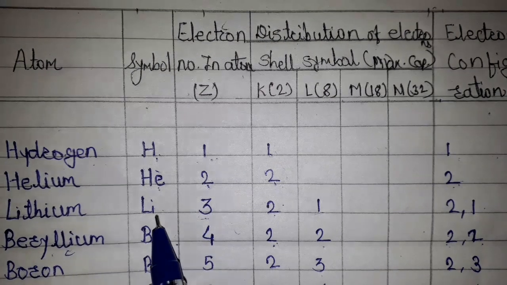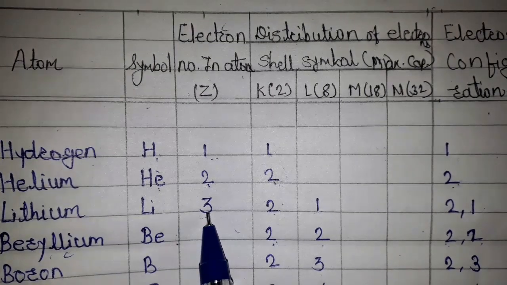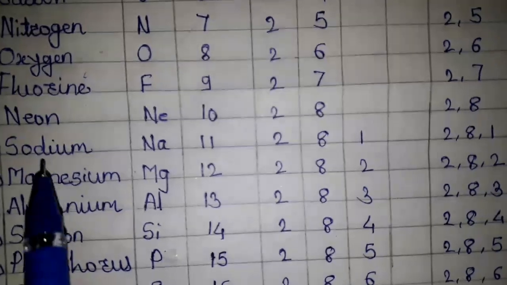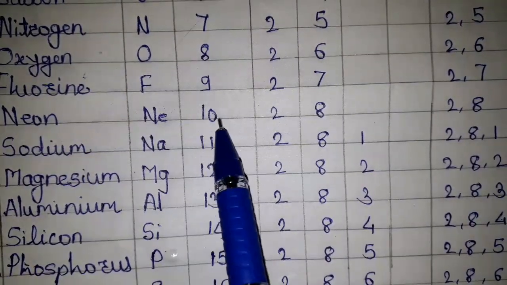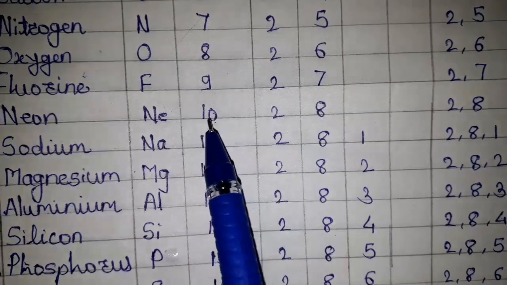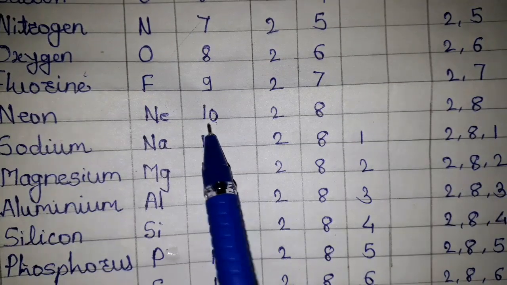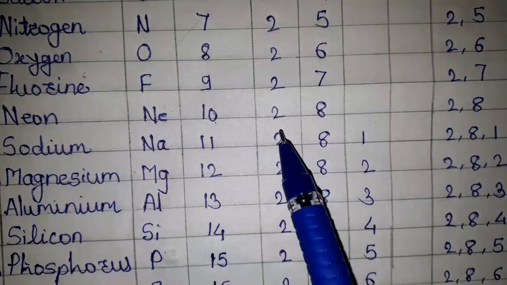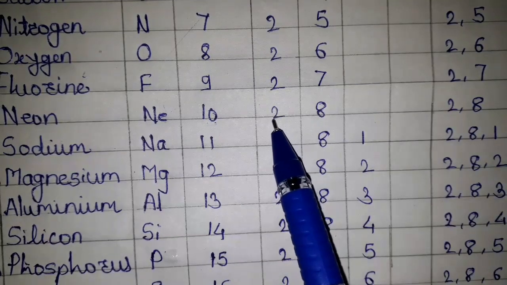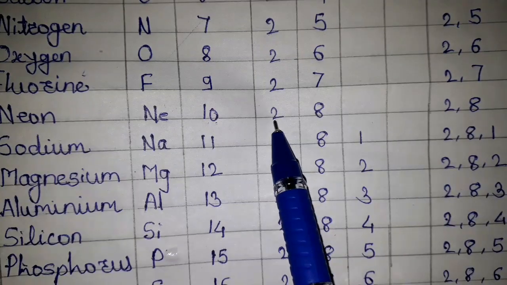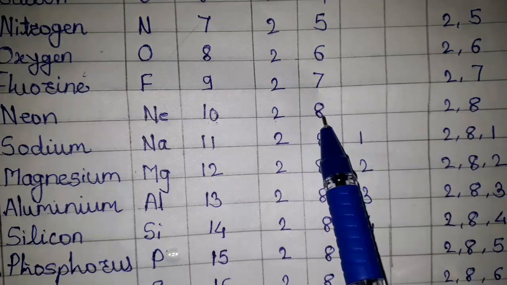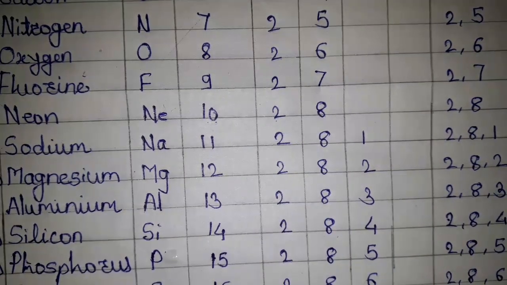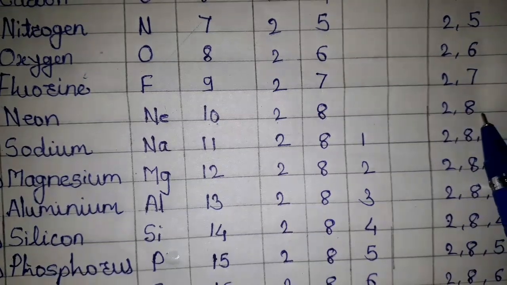Lithium, Li. Okay, its atomic number is 3. Neon, Ne. The number of electrons present in neon is 10. So its electronic configuration: in the first K shell 2 electrons and in the L shell 8 electrons, so its electronic configuration becomes 2, 8.